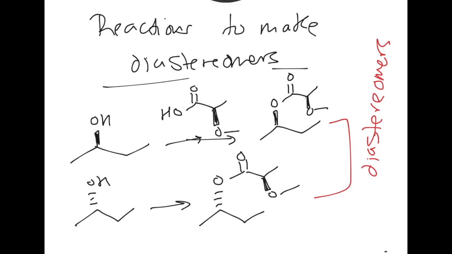I could, in theory, separate these based on their boiling point. More likely, I would separate them based on the fact that one is going to be more polar than the other, right? So I would be able to separate these two compounds, but I don't want these esters, right? I want to get back to my alcohols.